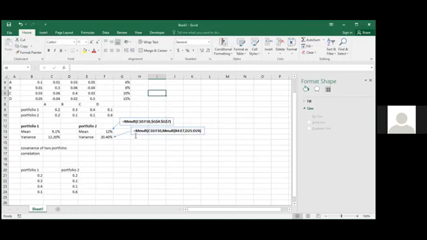Now remember, what is the process of calculating this one? We consider the individual case, so here the portfolio proportions are multiplied by the matrix values, multiplied by the column wise coefficients.